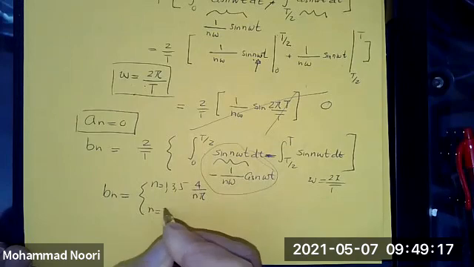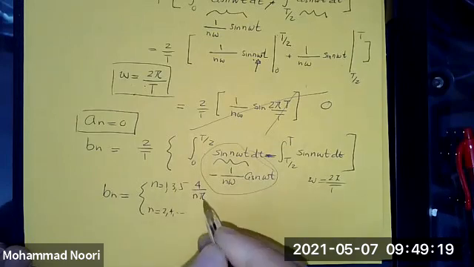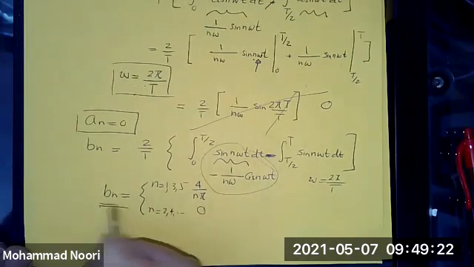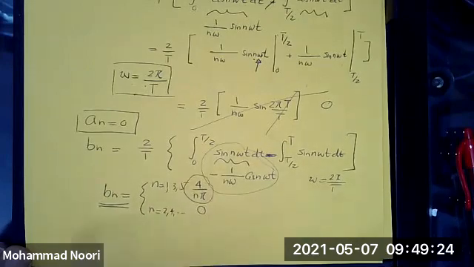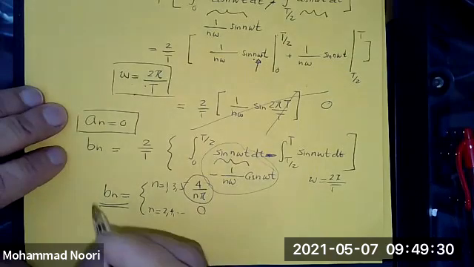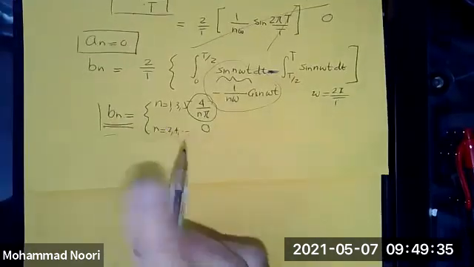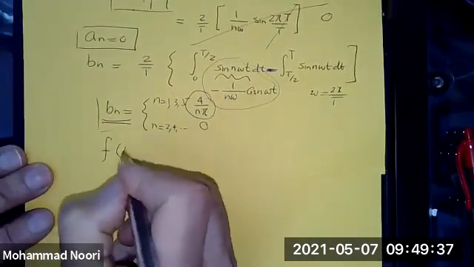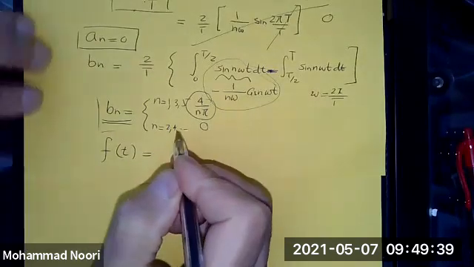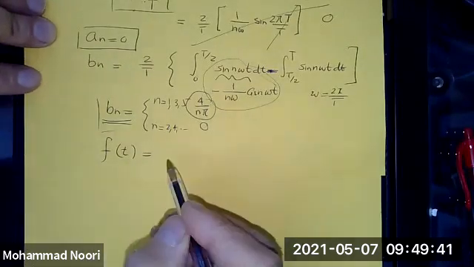And if n values are even, it would be 0. So Bn has values only for the case that n are odd. So this is Bn.